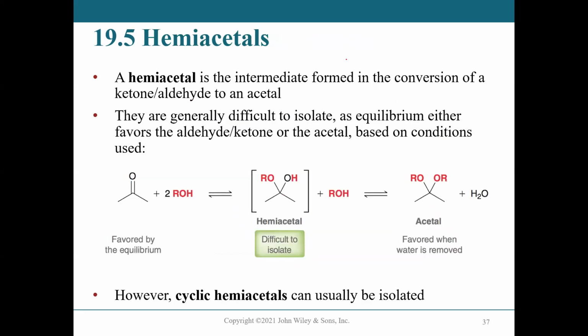So a hemiacetal is the intermediate in the conversion of a ketone or aldehyde to an acetal. They are generally difficult to isolate as equilibrium either favors the aldehyde or ketone, or the acetal. So these are really hard to isolate. However, cyclic hemiacetals can usually be isolated.